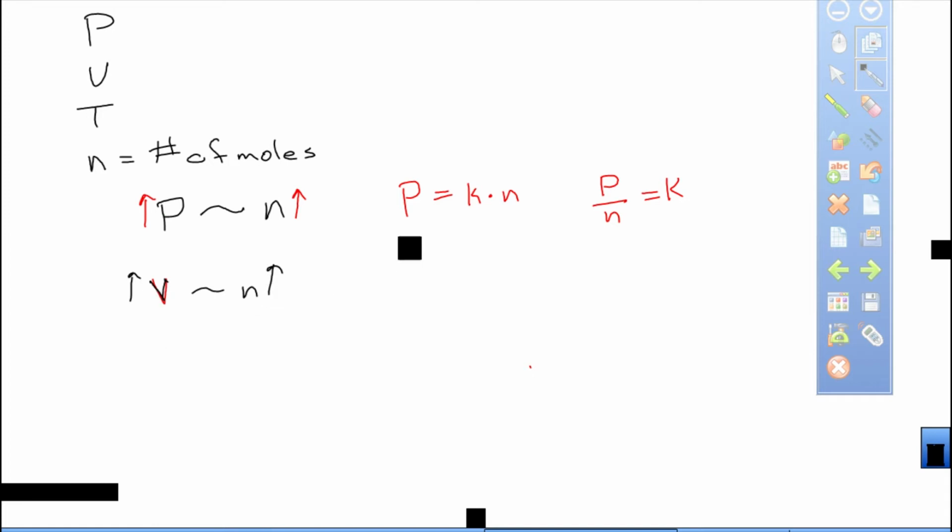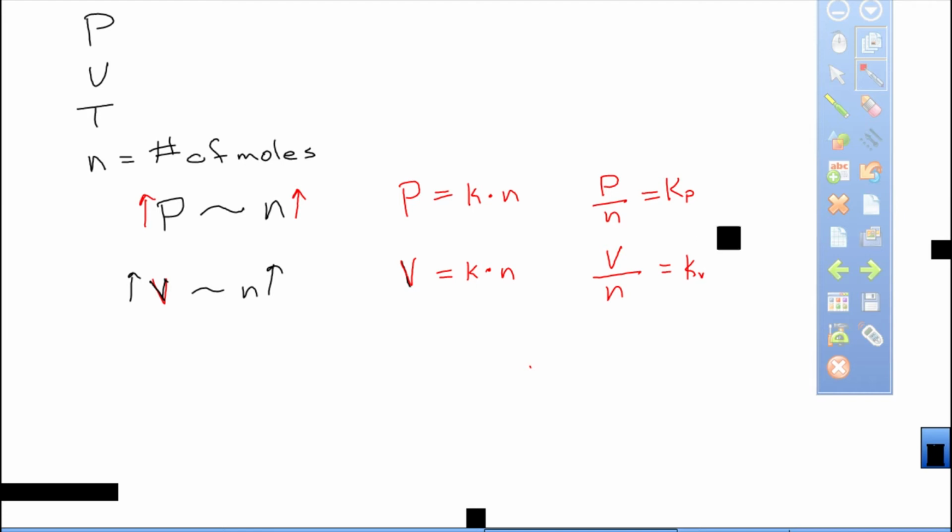So if they both go up, then the volume is equal to some constant, and this is a different constant, times the number of moles. Or we can say that volume over n is equal to a constant. We're going to add a little V on the bottom of that because we're talking about volume, and a P up here because we're talking about the constant related to pressure.